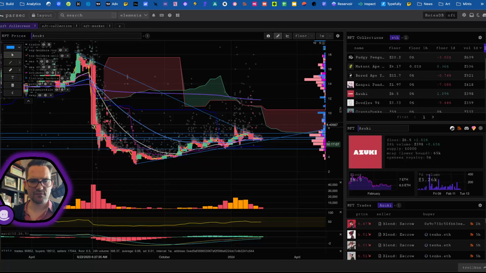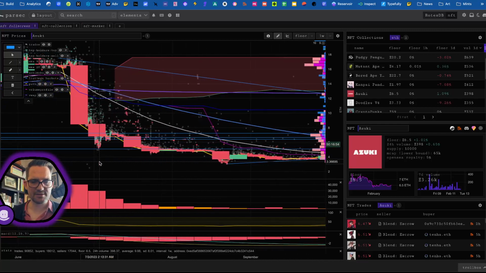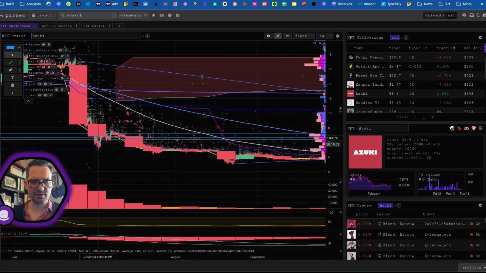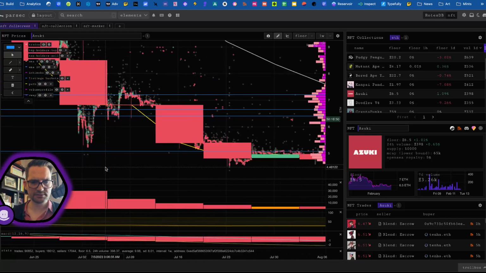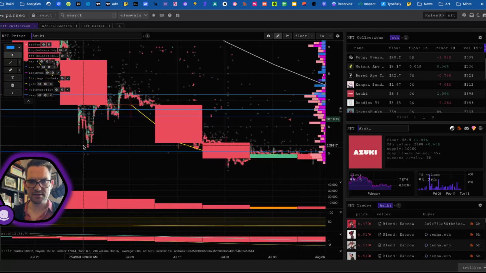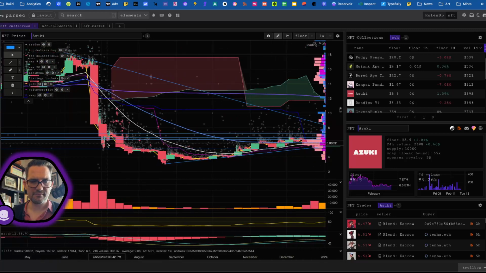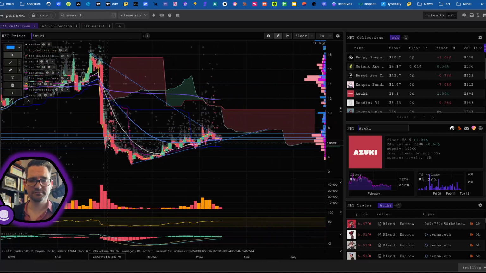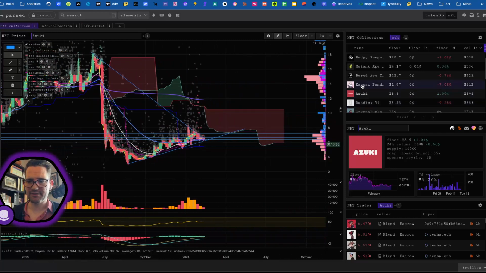That is 8.44. 6.78, which is right in that key range for them. And that was the Elemental launch that went so poorly. They went all the way down to 5.29 there in that second candle. So that's an interesting one.